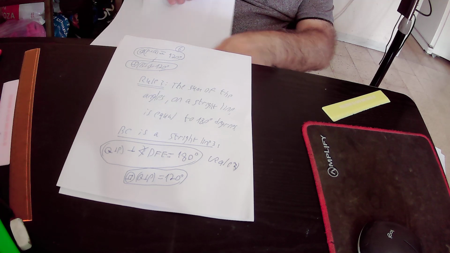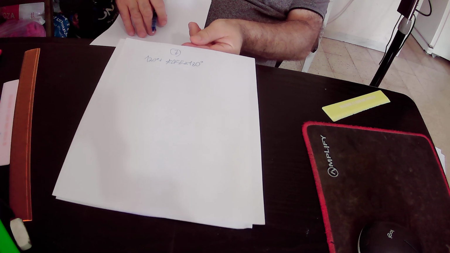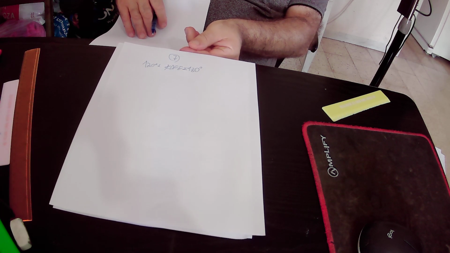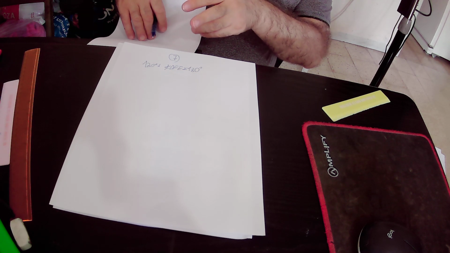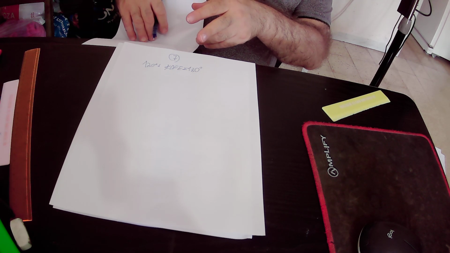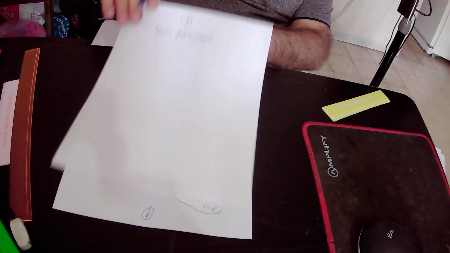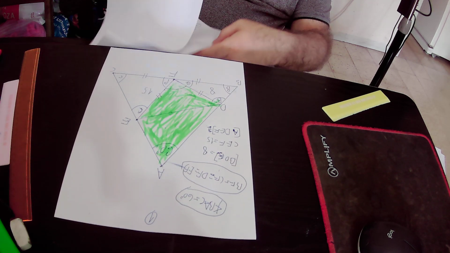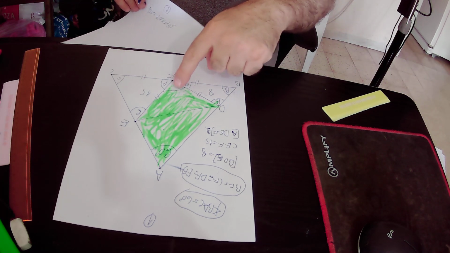Okay, 120 degrees plus angle DFE equals 180 degrees. Here we will subtract 120 degrees in this equality and we will get the value of angle DFE, the value of this missing angle.